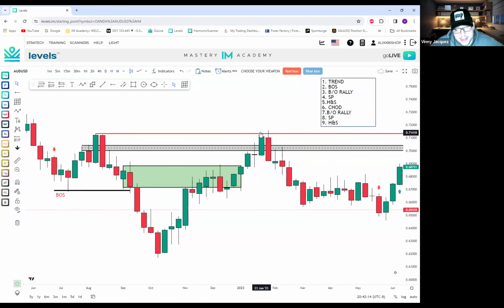Notice how that candle hit our stop loss and closed inside the setup still, so we can continue to look for sells. If it would have broken and closed above, then we're now looking for buys. Does that make sense?